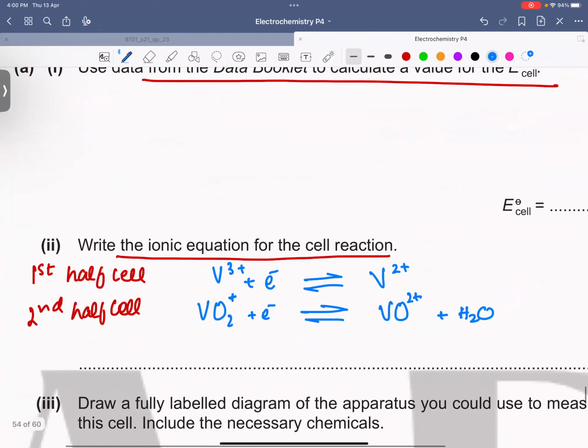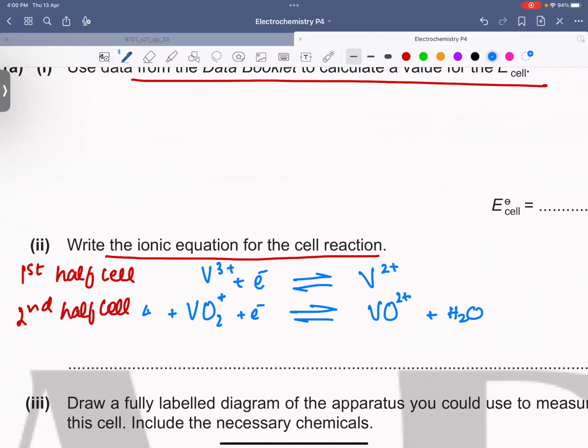And to balance those water, I have to put 2 moles of hydrogen ions over here. Yes, is this understandable? So this is the half equation.